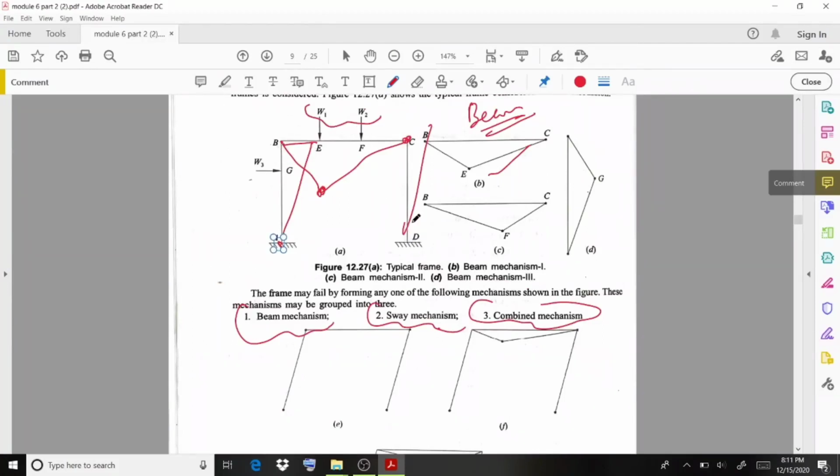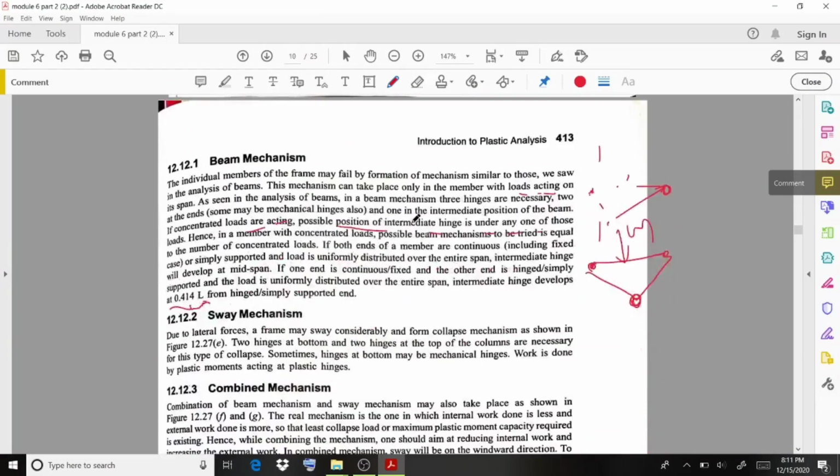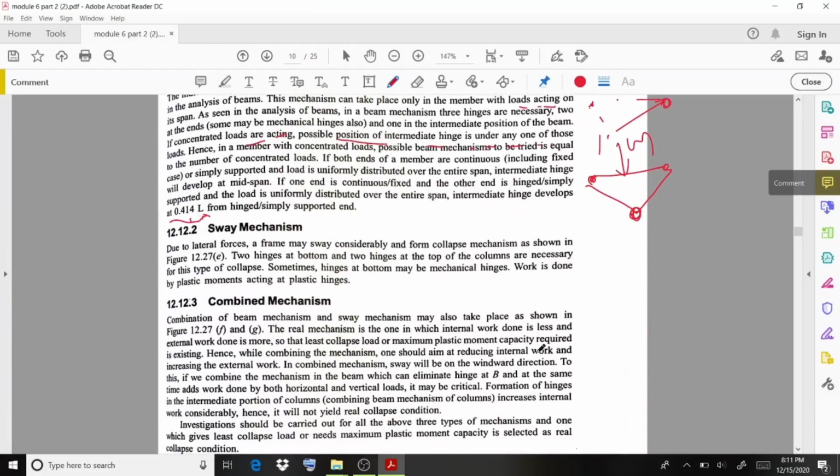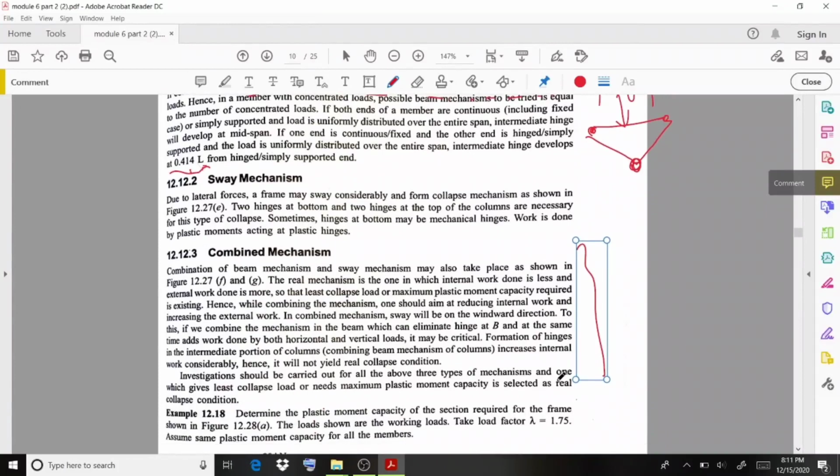Then last, the combined mechanism. The combination of the beam mechanism and the sway mechanism happens in the combined mechanism. Doing problems you will get more clarity.